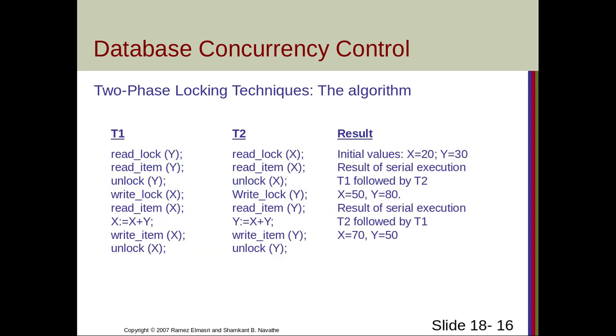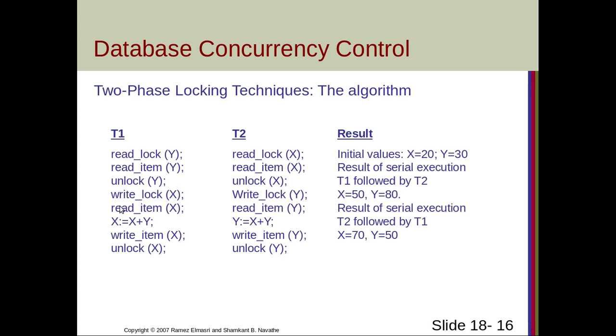Two-phase locking algorithm. Initially, here in T1 you have read lock Y, read item Y, unlock Y, read lock X, write lock X, read item X, X assigned equal to X plus Y, write item X and unlock X. That means the third statement of T1 is unlock Y, and after that there is a write lock.